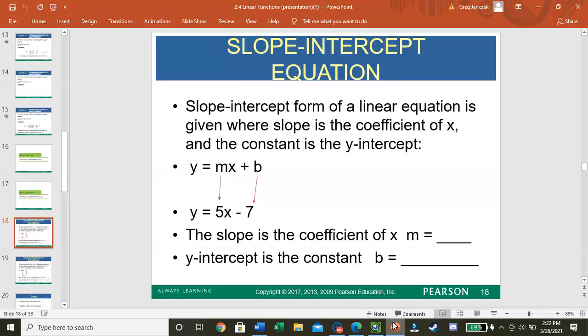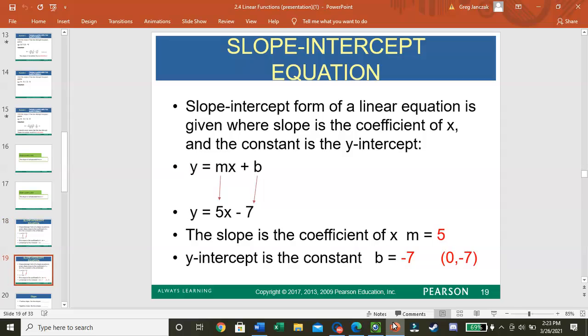Okay, so that's slope. Now we're going to take a look at graphing a linear equation. Slope-intercept form of a linear equation is y equals mx plus b. So here we're given an example of an equation where in this case 5 is the slope.